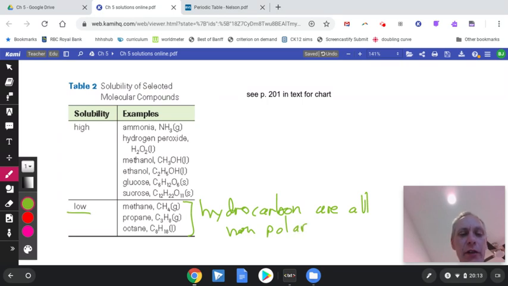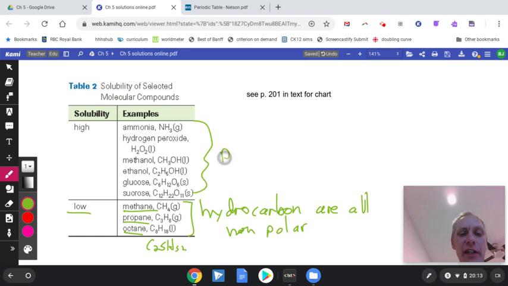It has low solubility. Any of the oil and wax products, so candle wax, C25H52, gasoline for your car, propane in your barbecue, methane to heat your house, none of these things dissolve in water. They're all nonpolar.